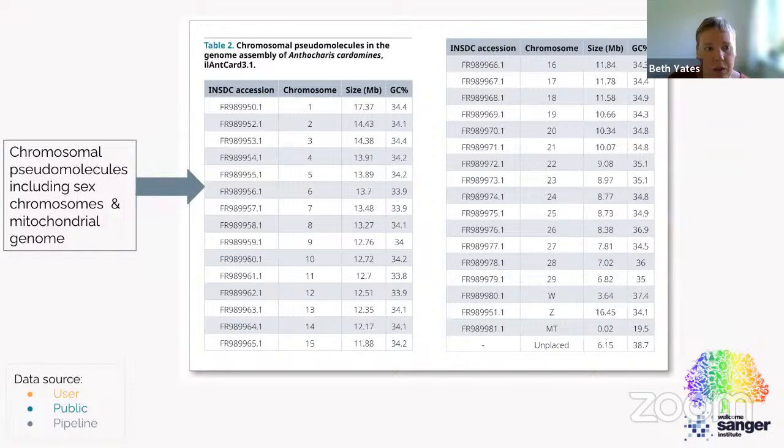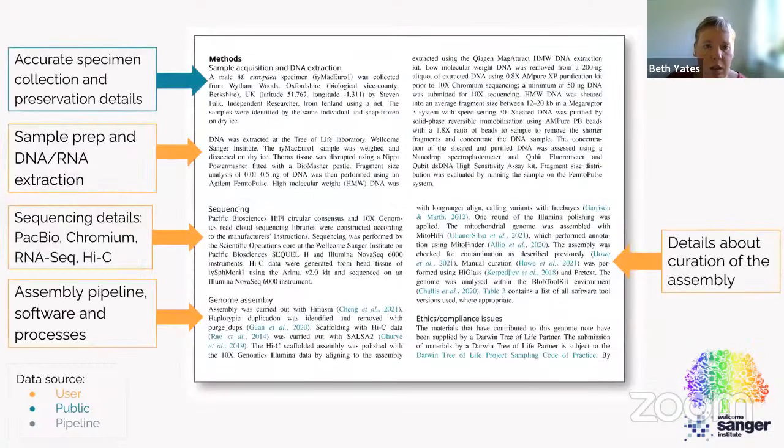We also list the chromosomes if the species has been assembled to chromosomes, and give things like the size and the GC length. Sex chromosomes are included if they've been identified, and the mitochondrial genome is also included. We have some more detailed information about the methods used for specimen collection, sample prep, and DNA and RNA extraction.